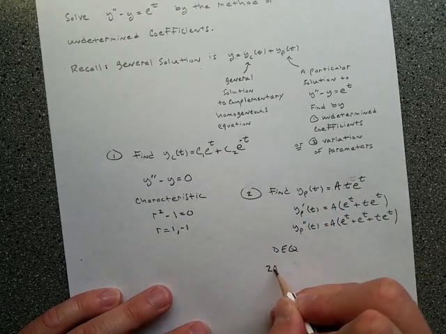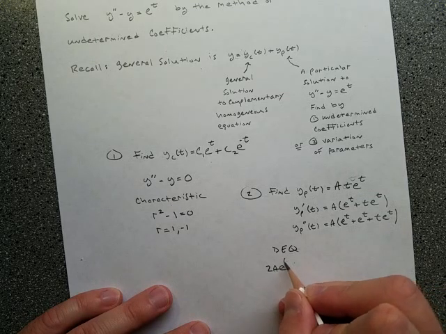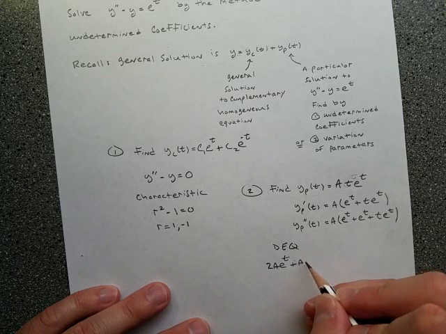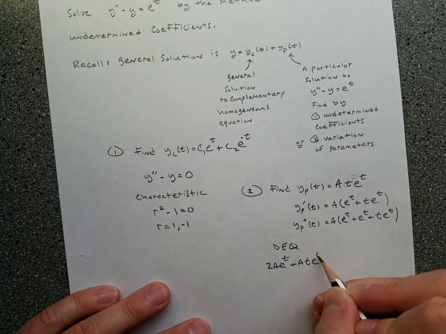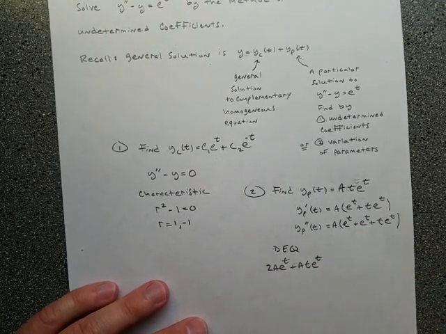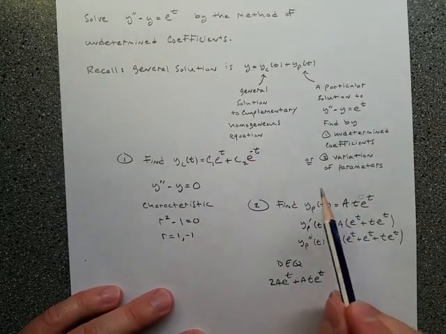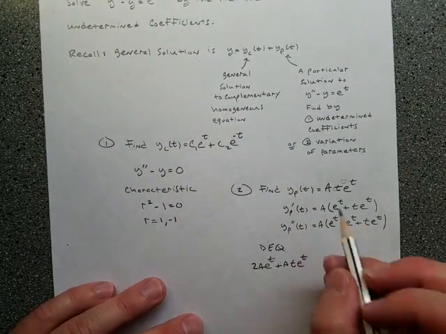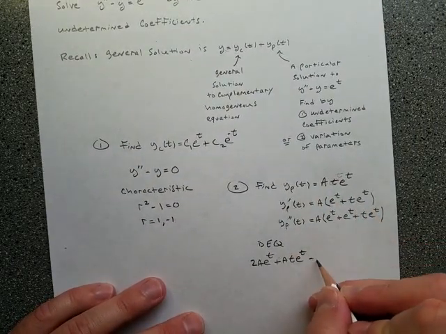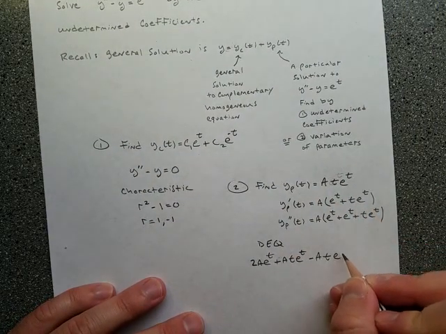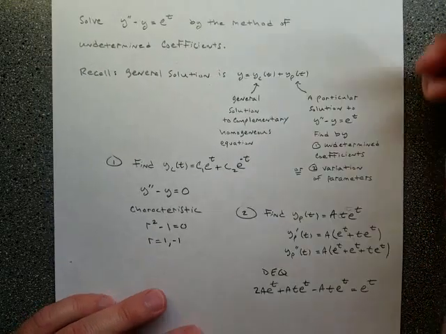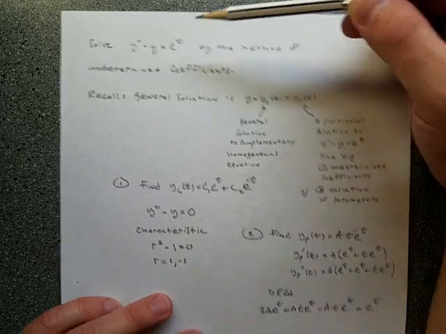I'll get 2a e to the t power plus a t e to the t power, and then minus y. I'm assuming that this is the solution. Y is a function of t. So minus this. So it's going to look this way, a t e to the t. And that, to work, is going to have to be equal to this.